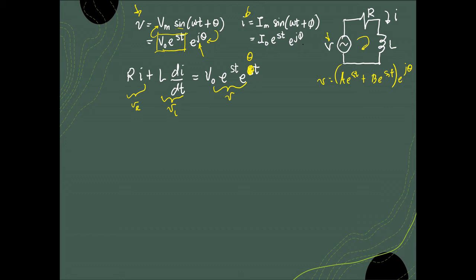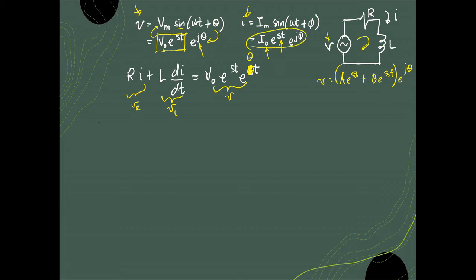This is the particular solution, meaning we don't know yet the I0, and we don't know S also. So if you perform this method, you have the particular solution here.